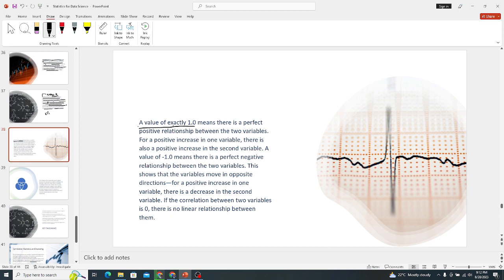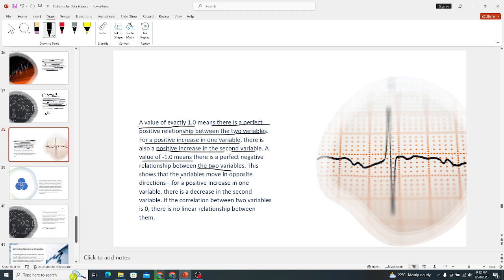A value of exactly 1 means there is a perfect positive relationship between the two variables. For a positive increase in one variable, there will also be a positive increase in the other variable. A value of negative 1 means there is a perfect negative relationship between the two variables.